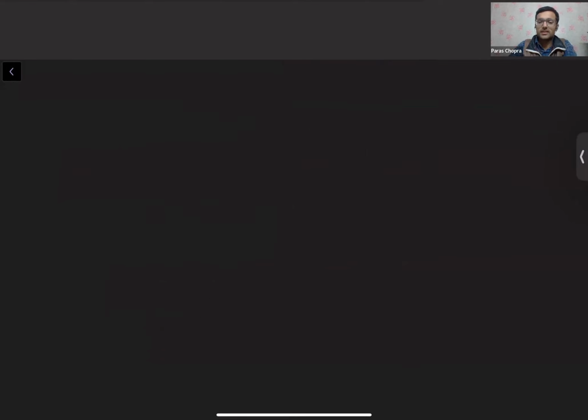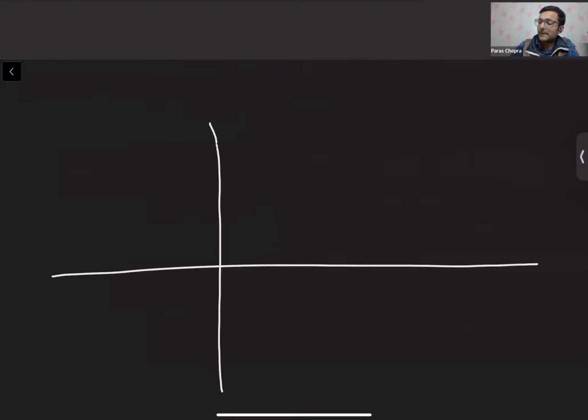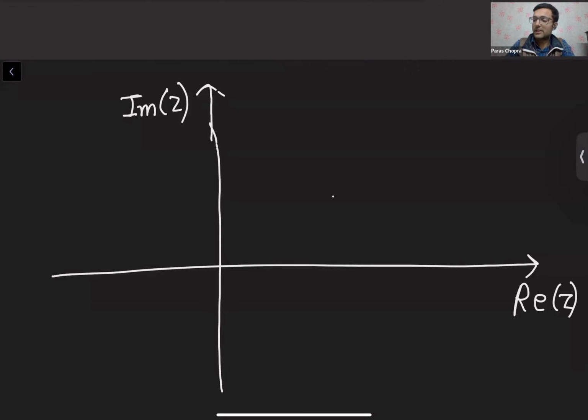तो let us see how complex numbers multiply and divide on an Argand plane. So on an Argand plane, the x-axis is the real part of Z and y-axis is the imaginary part of Z. So let's say we have one complex number z1 is equal to R1 e to the power I theta 1.